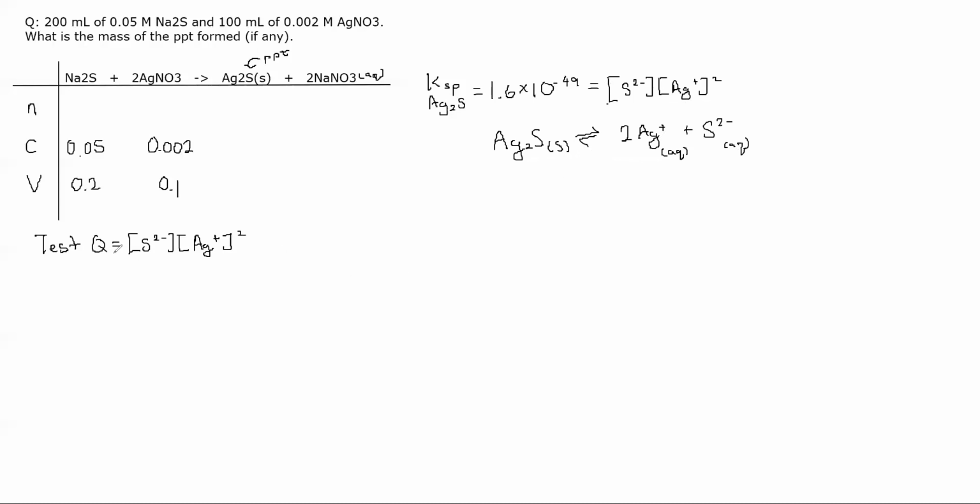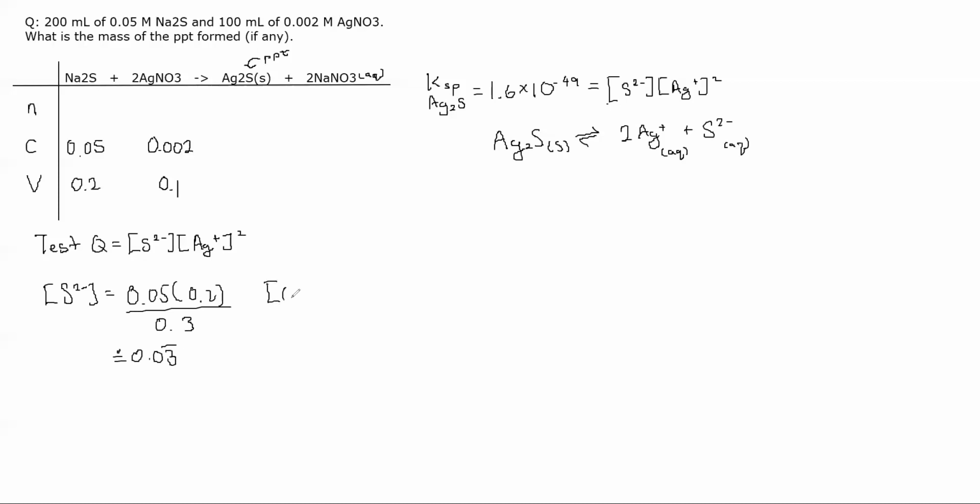All right, so if I were to test this right now, if I simply plugged in the concentrations of sodium sulfide and silver nitrate, I would have to quickly calculate that. The new concentration of sulfur would be concentration times volume divided by the new volume, which would be approximately 0.03.